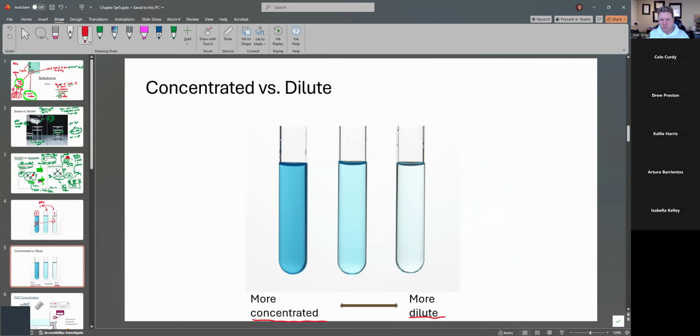This is showing the more concentrated solution on the far left, and I'm going to write on the far right the less concentrated solution. The less concentrated solution is also referred to as the more dilute solution. The more concentrated solution is the less dilute solution. So just think about these as kind of inverse of one another.